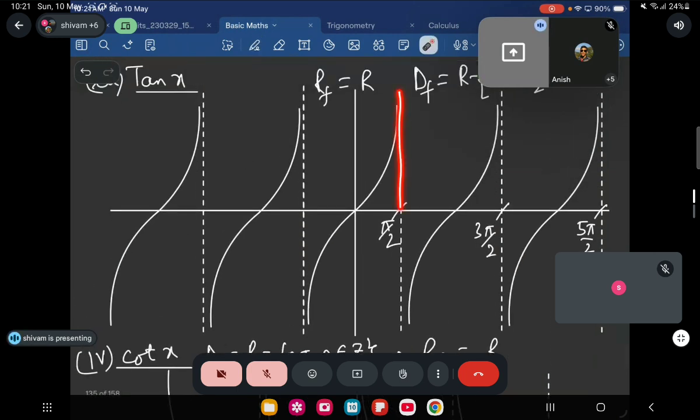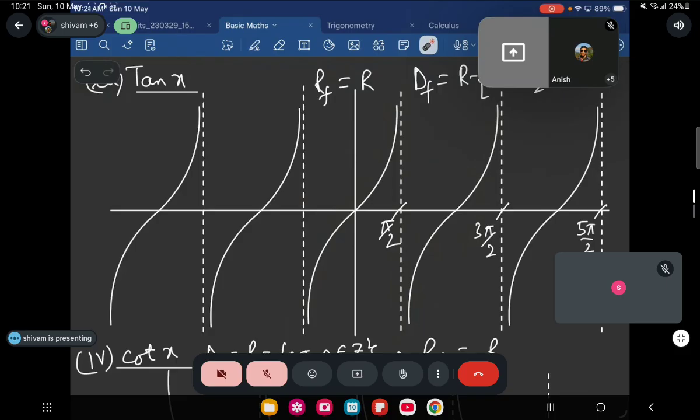This is the line x equal to pi by 2. X equal to pi by 2 plus. In which branch will you be, this branch or this branch? This branch, the one in front. Pi by 2 plus. At pi by 2 plus, what is the corresponding value? Minus infinity.